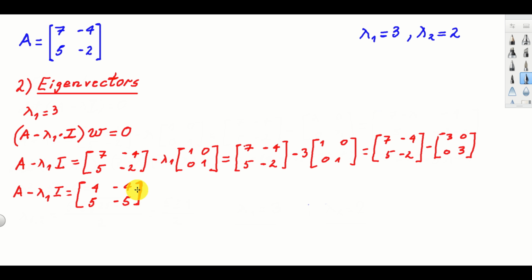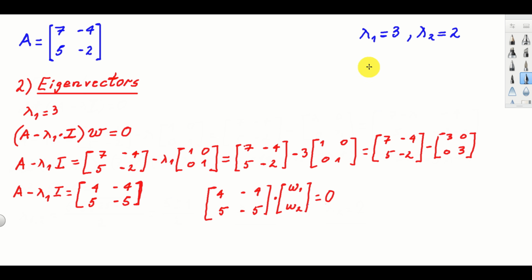What's the next step? Next we need to form the system. So after substituting this matrix inside of this system, we will have, and I will write it over here, 4, minus 4, 5, minus 5, multiplying, then instead of w, we can write w1, w2, where w1 and w2 are the entries of w.